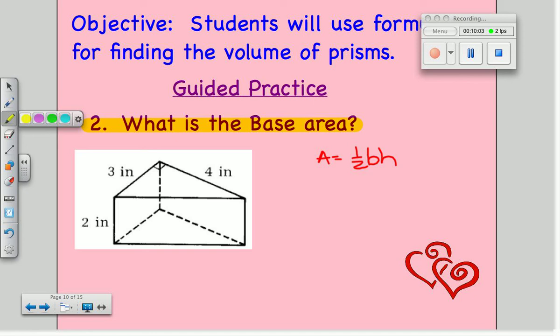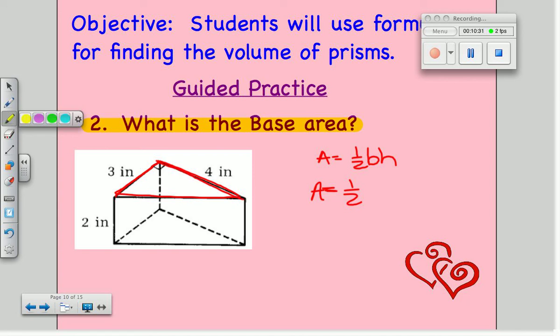So area equals half, my triangle that I'm finding the area of. This is my base. What's the base of this triangle? One of these is the base.